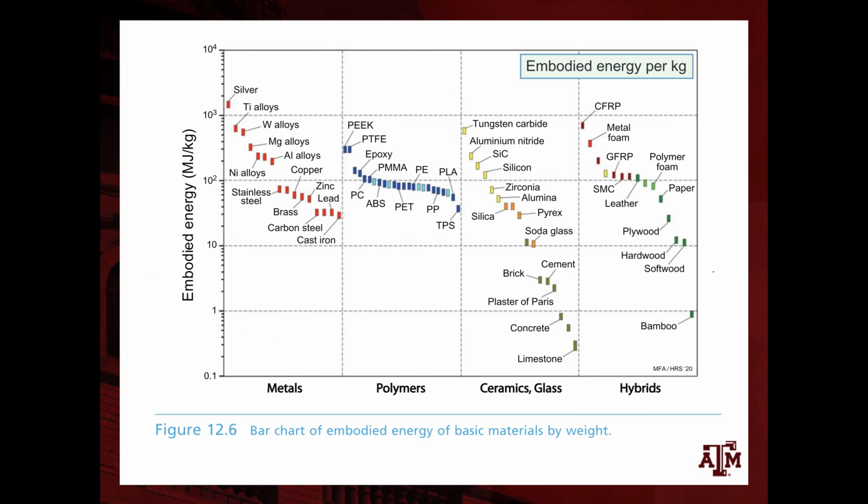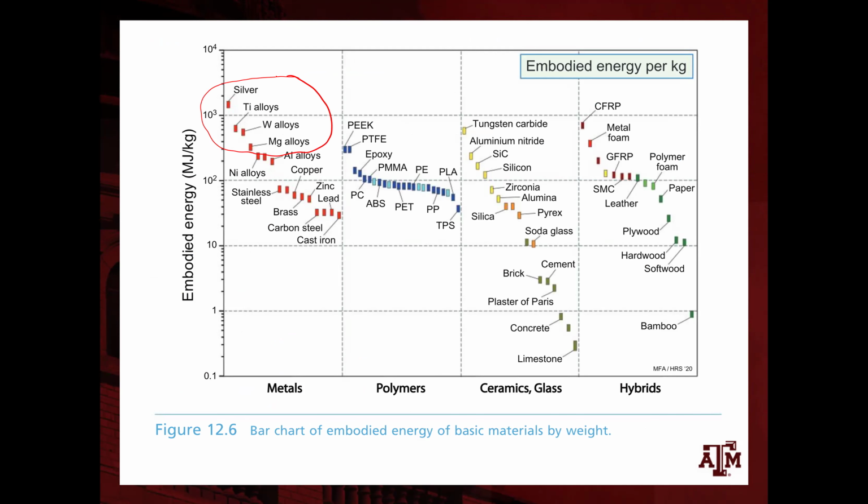And we can see different types of materials and how they stack against each other in terms of those environmental factors. We can see most of the advanced materials, and even the commonly used materials, are actually high in that regard.